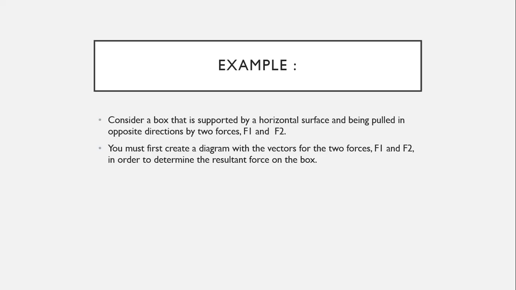Here we can construct a force vector diagram by applying the triangular law of forces to determine the resultant force acting on the box. This is a simple example of real-time application, showing how to practically apply the steps of the triangular law of forces.